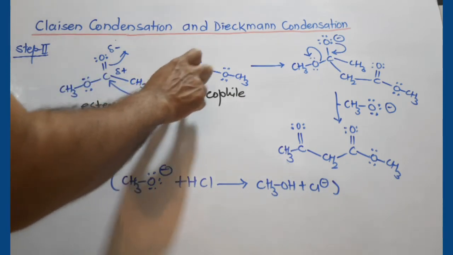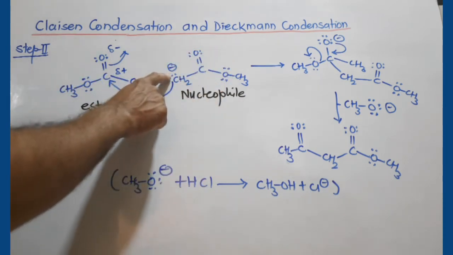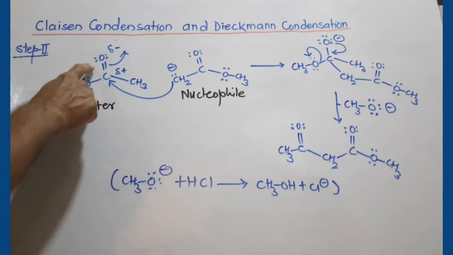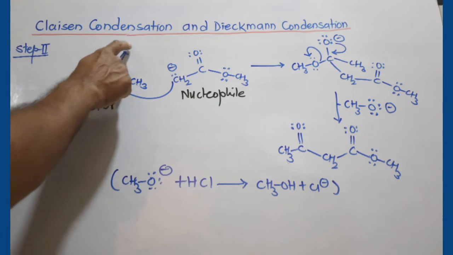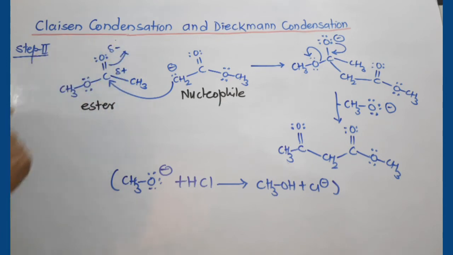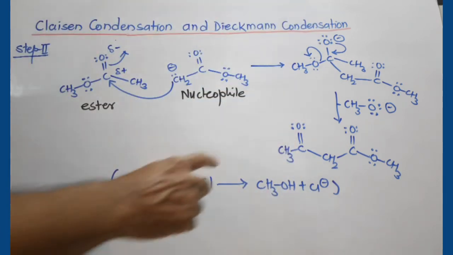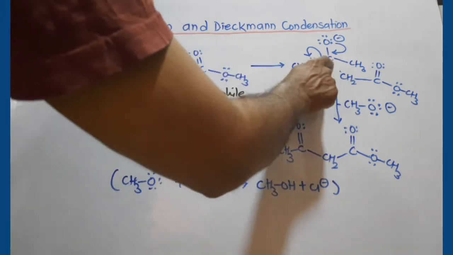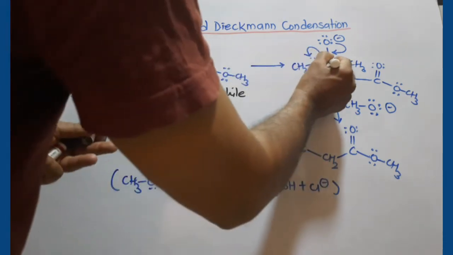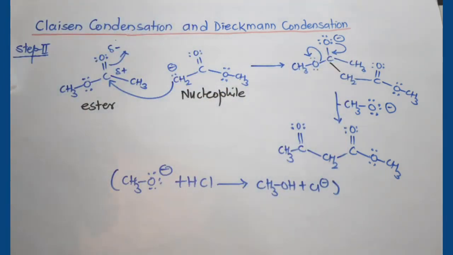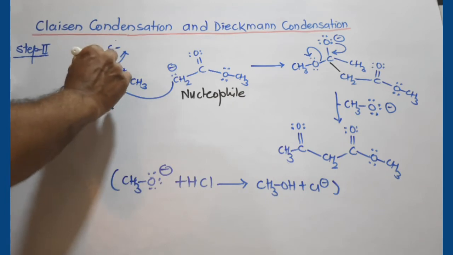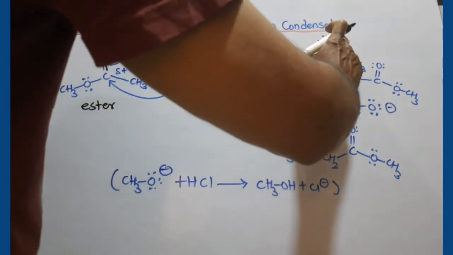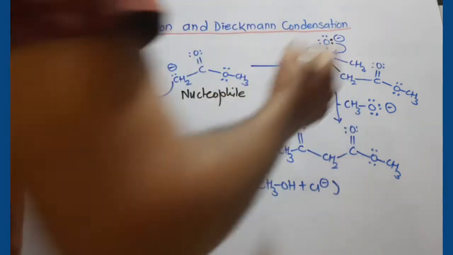So once this approaches, it will provide a pair to form a bond with this carbon, but we cannot have 5 bonds on this carbon, so we have to open one bond on this oxygen as a lone pair. So that is done here. I have joined this carbon here using this bond, and this pi bond is moved onto this oxygen as a lone pair.